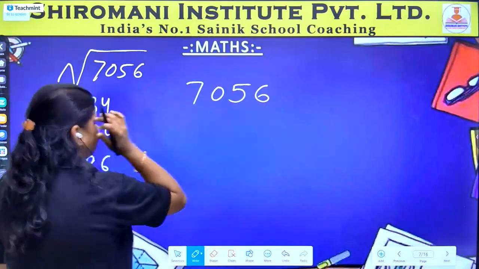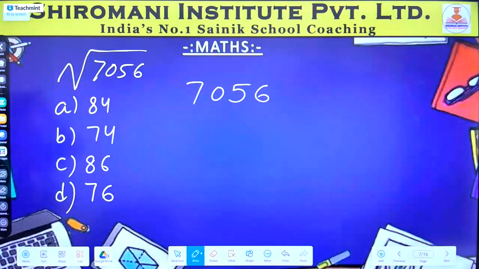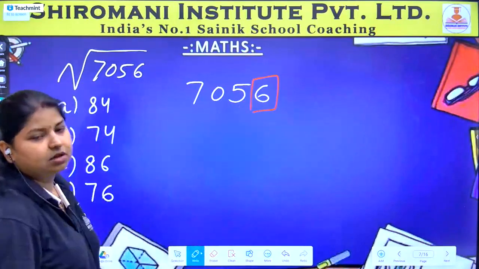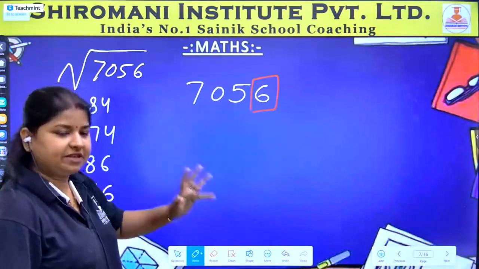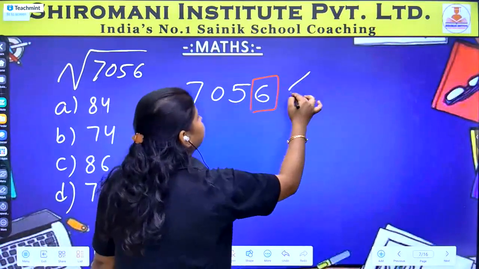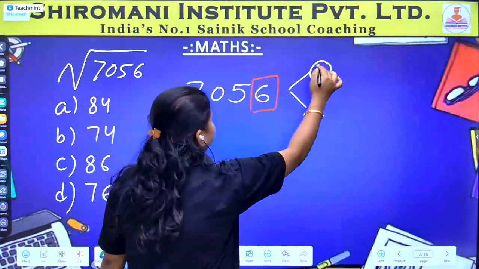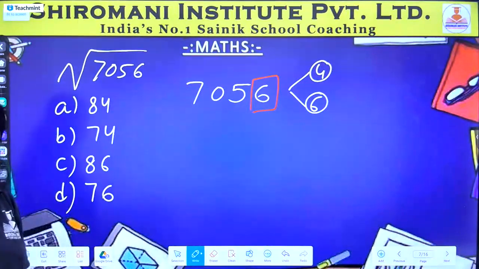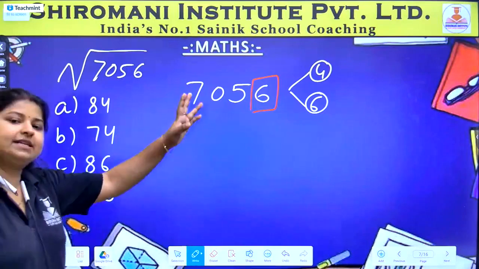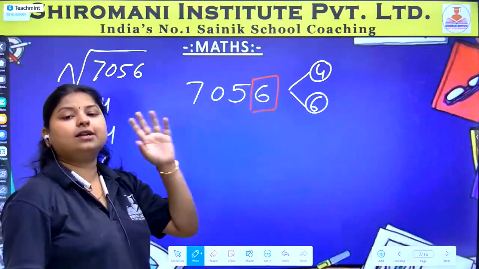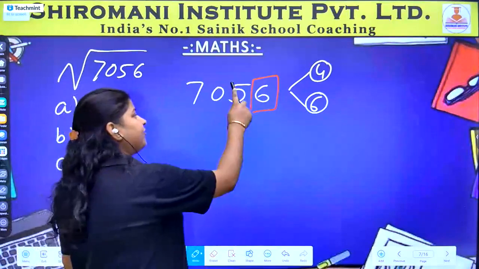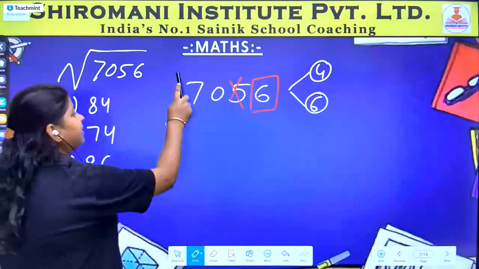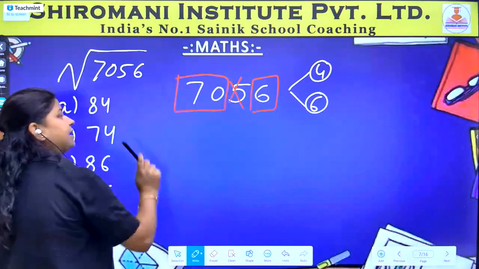7056, right? At the end, I have 6. Because at the end I have 6, my last digit would be either 4 or 6, because 4 4 is 16 and 6 6 is 36. Now I will cut the tens one. I'm left with 70.